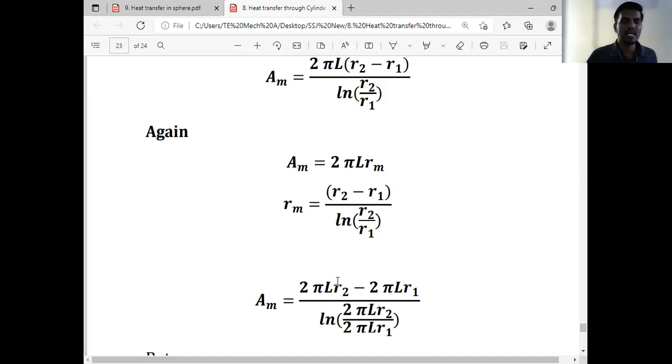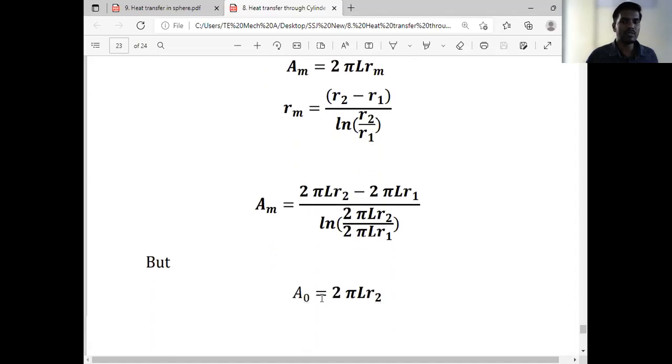ओके, आता मला सांगा 2 pi L R2 म्हणजे काय आहे? Can anyone? कुठला एरिया हा? आउटर सिलेंडर जो आहे त्याचा आउटरचा एरिया आहे आणि 2 pi L R1 म्हणजे काय? इनरचा एरिया आहे. सो इन दॅट वे वी हॅव टू राइट डाउन द इक्वेशन.